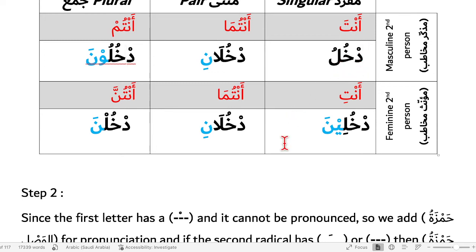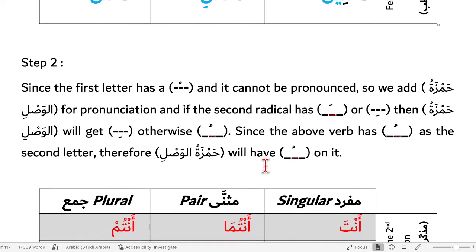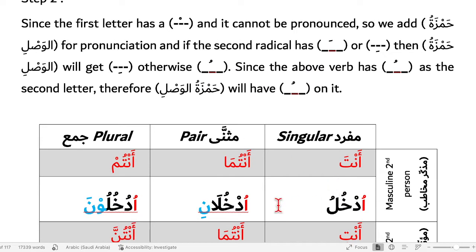So if we add alif here, what the haraka is going to be is u, a, or i. How are we going to know that? You see this alif added.